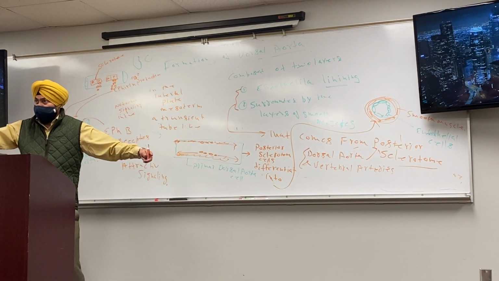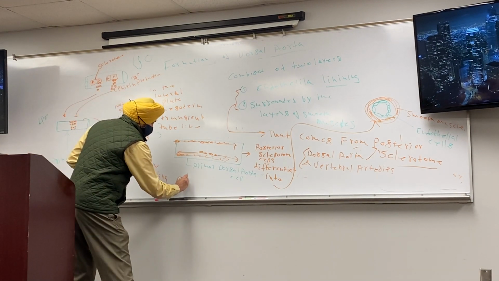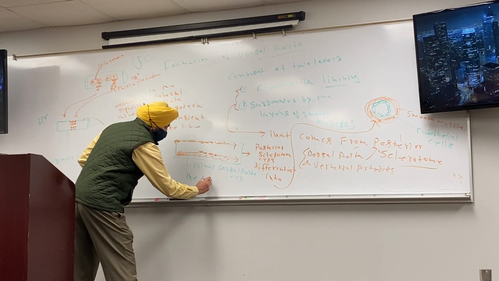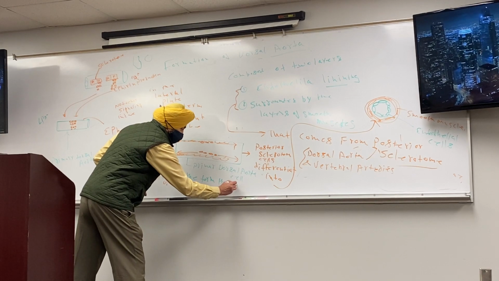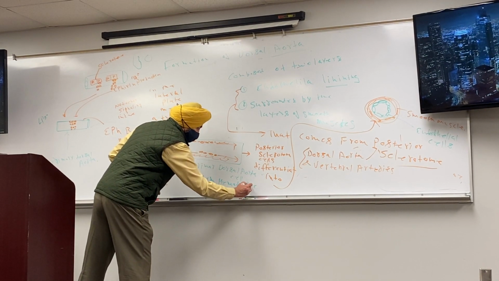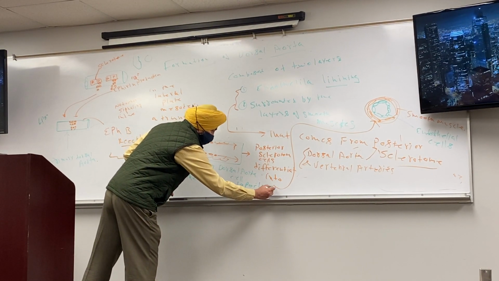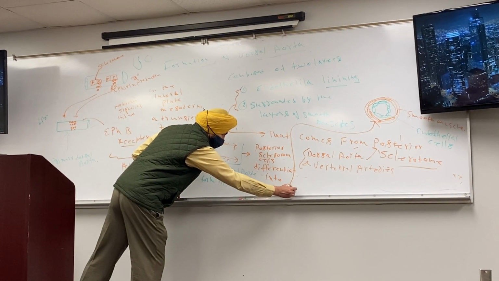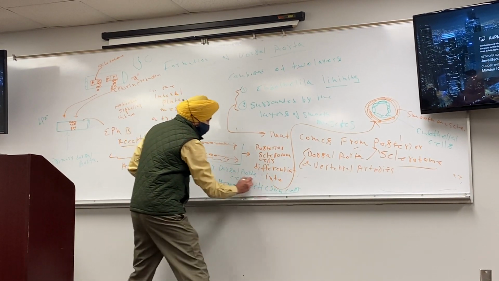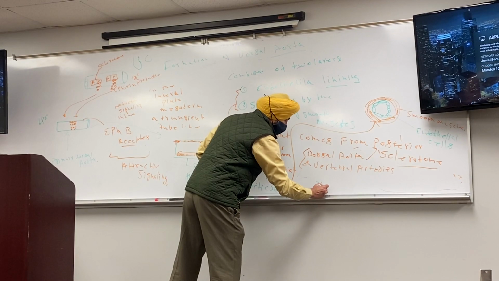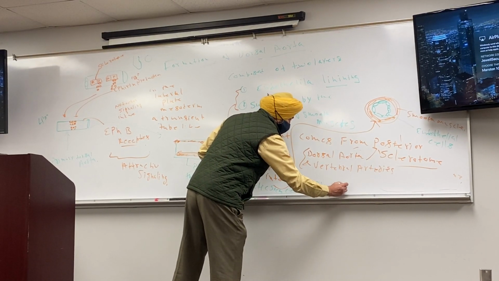These are made in lateral plate mesoderm. They form hematopoietic stem cells. And hematopoietic stem cells, what do they do? They give you all the blood cell types.